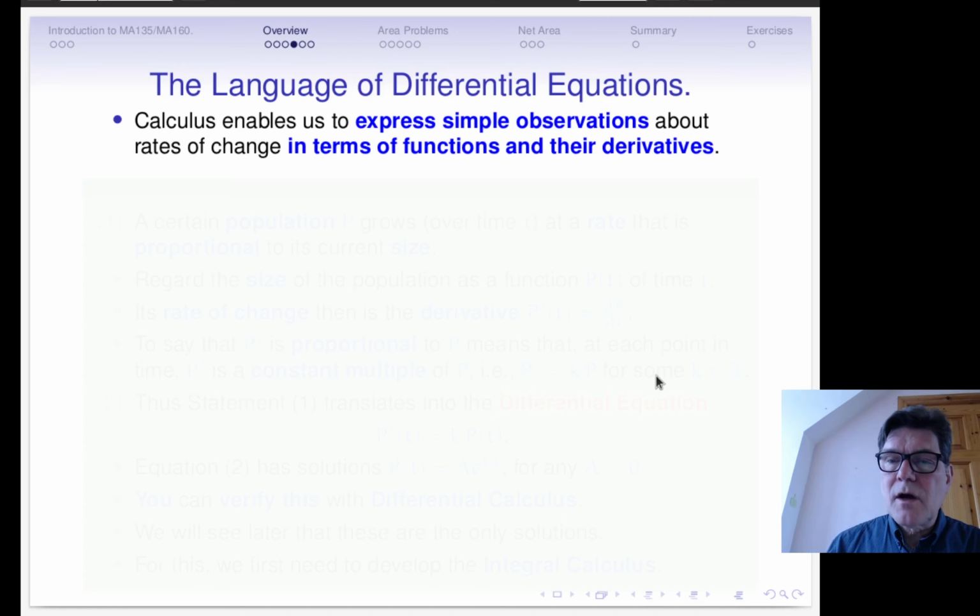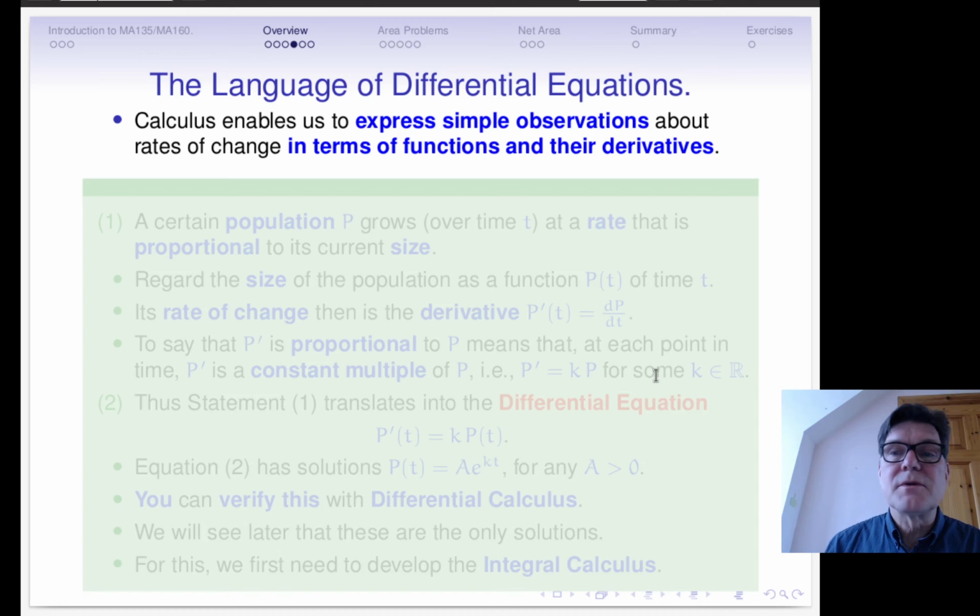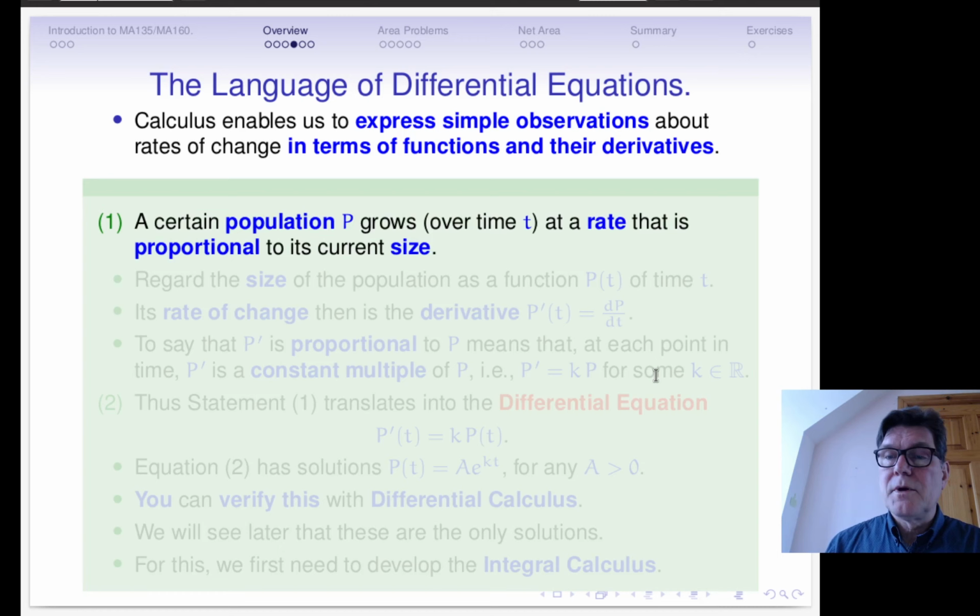One example, again, we'll have time to go back to this in more detail later. One typical example of this is population growth, where one might find that a certain population, denoted by p, grows over time at a rate that is proportional to its current size.